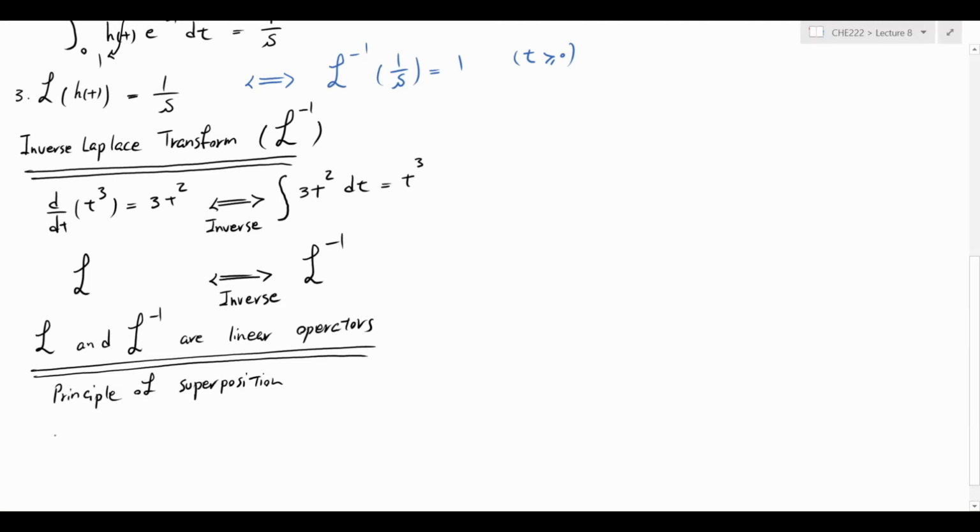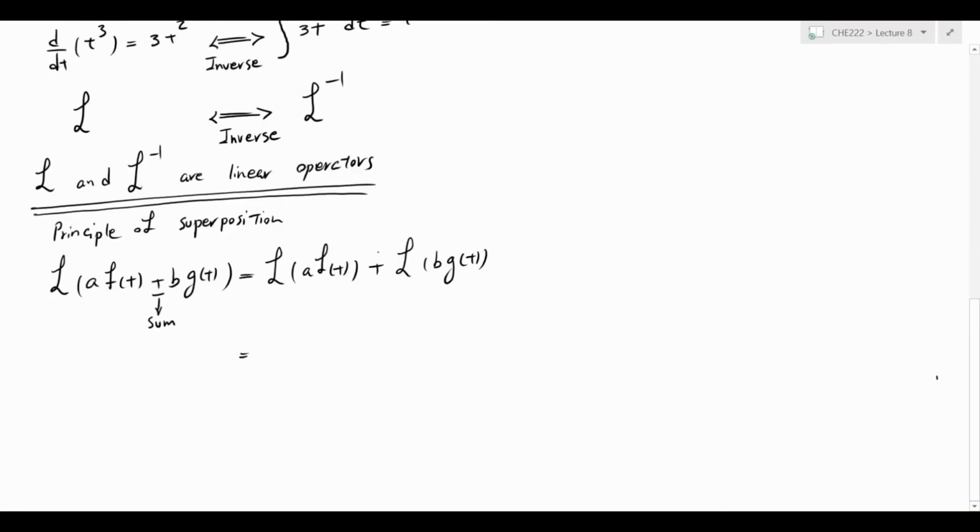In simple words, if I take the Laplace transform of an expression like a times f(t) plus b times g(t), first of all, I can write this as the sum of the Laplace transform of each term separately, and secondly, these two multiplicative factors or coefficients, since they are constant, I can factor them out.